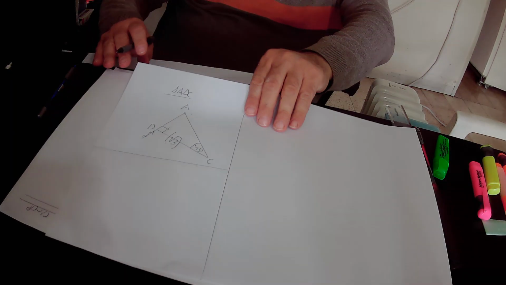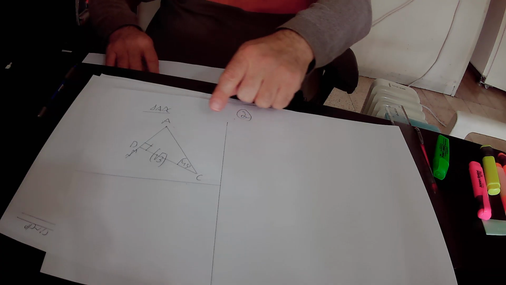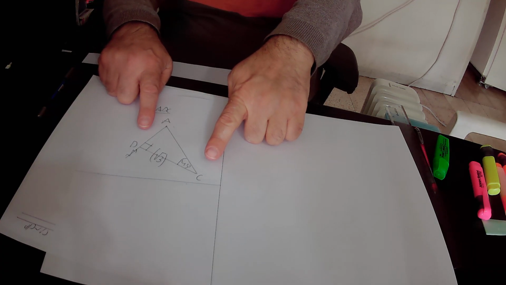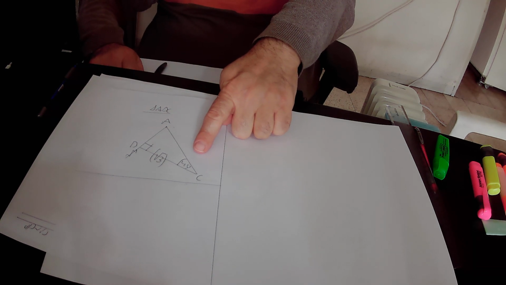So actually, this is the right triangle ADC that I copied from the original drawing. Side DC equals the square root of 3 units according to what we have already found out. And angle ACD is the missing angle that is equal to 45 degrees in its size.